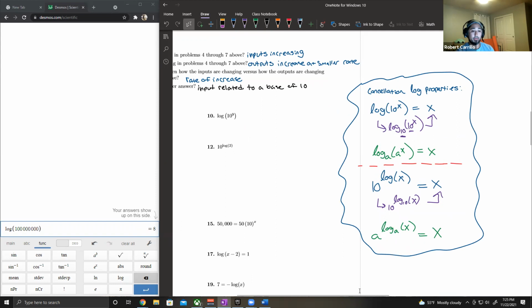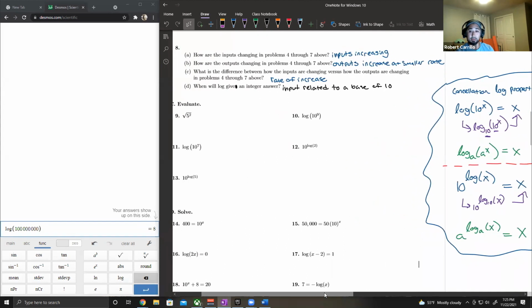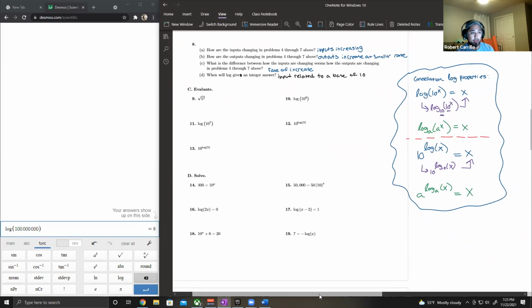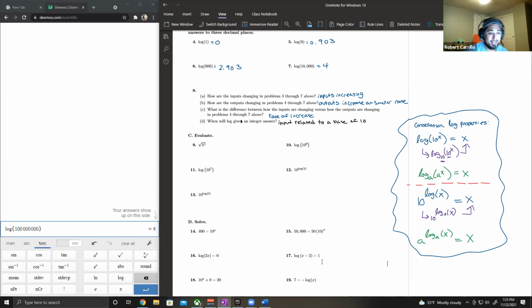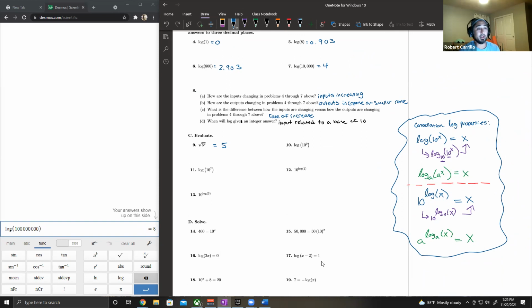Okay, with that being said, let's apply what we just learned to these examples on the left. Of course, the first one doesn't represent that, but it's showing you how things cancel. For the first one, the square root of 5 squared, that square root and the square would cancel and leave me with 5.